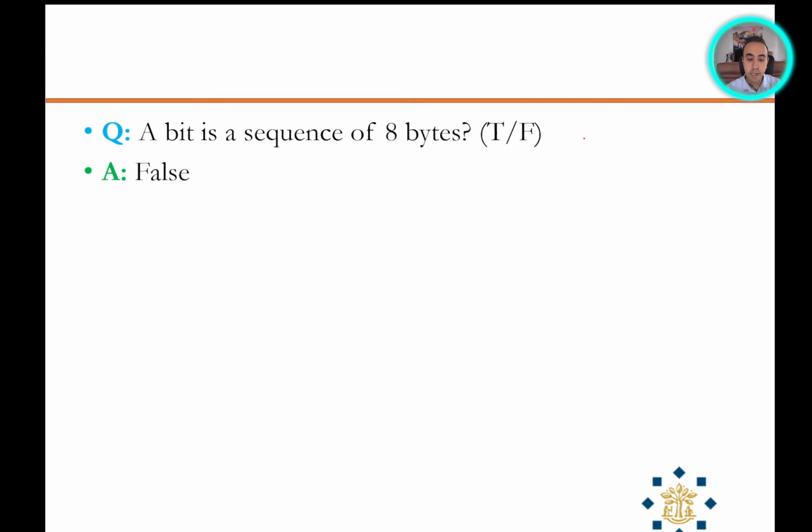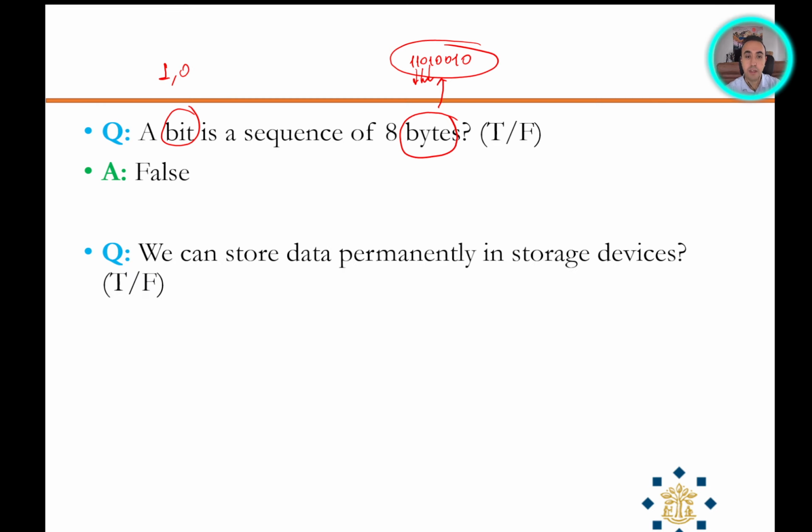Because a bit is either 1 or 0, whereas a byte is 8 bits. So this is a byte, and each one is a bit right here. So it is actually the other way around. A byte is the sequence of 8 bits. So that is false. Okay, second question.